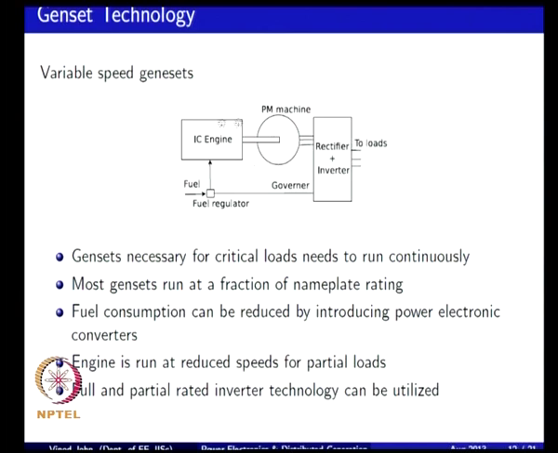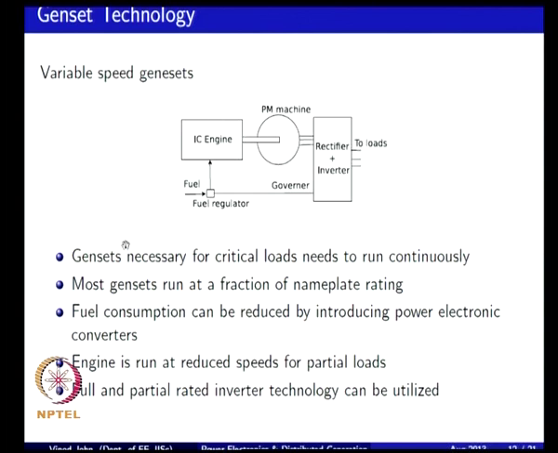So, you take the output from the IC engine through a machine, rectify it, and then you use an inverter to provide the fixed frequency, which means that potentially now at light loads you can run your IC engine at a much lower RPM, so reducing the fuel consumption in the IC engine.